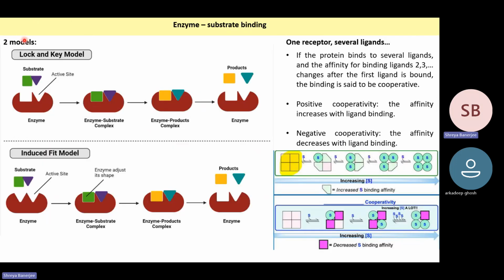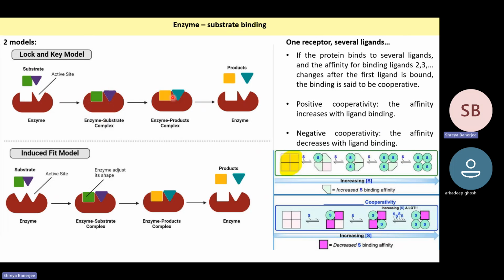So there are two general models of enzyme activity. One is the lock and key model, where the active site of the enzyme is rigid and has a particular conformation, and the substrate is also rigid and has a fixed conformation. So the substrate will perfectly fit into the enzyme pocket to have the enzyme substrate complex.